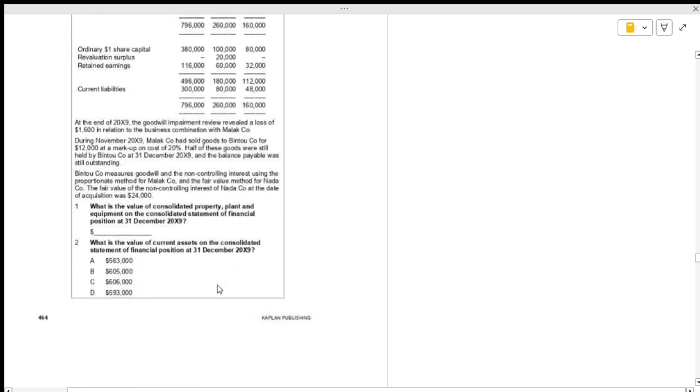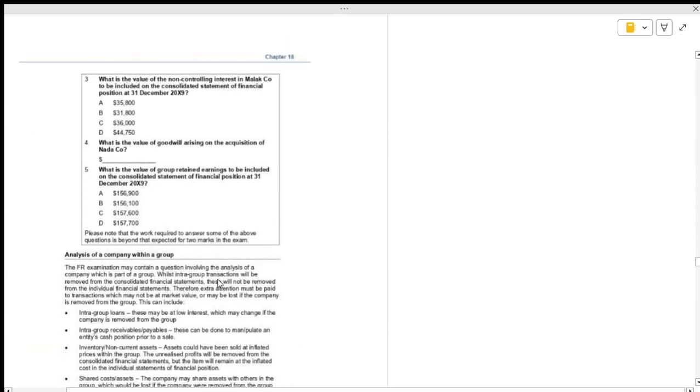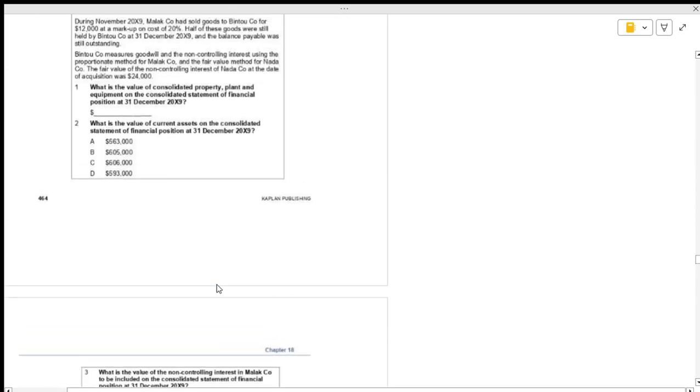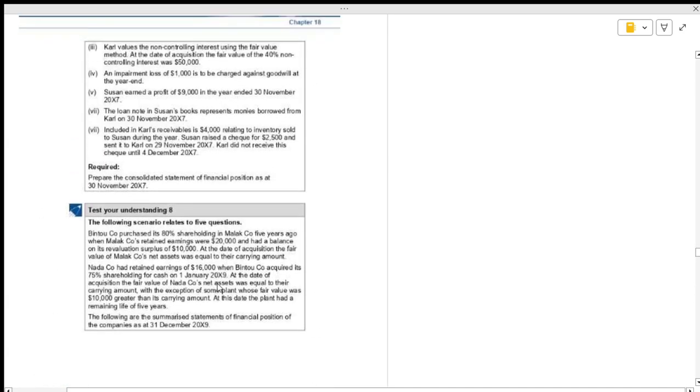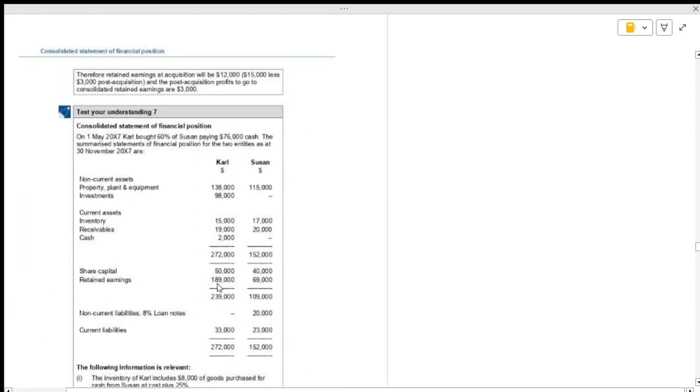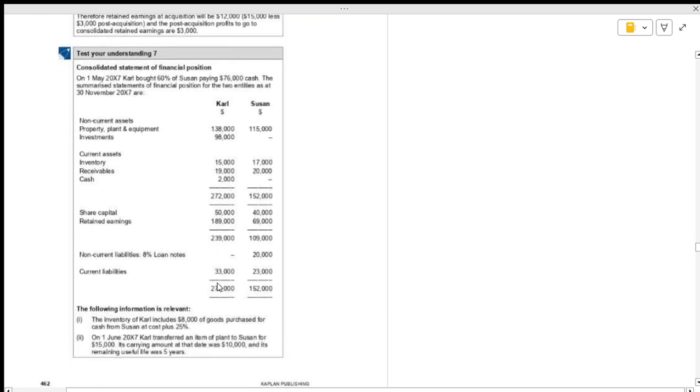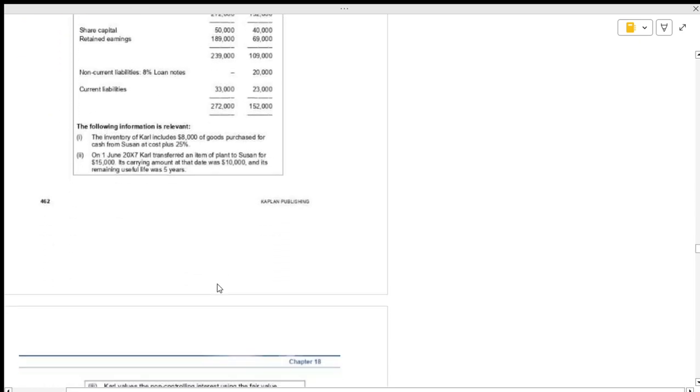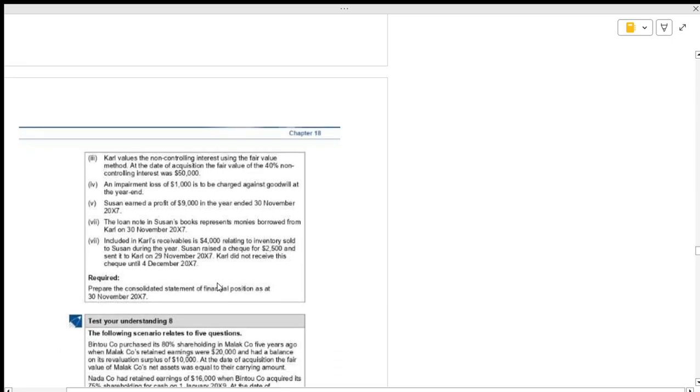Test your understanding 8 is multiple choice questions. Test your understanding 7 is for mid-year acquisition, for different concepts, not non-current assets. Is it right?